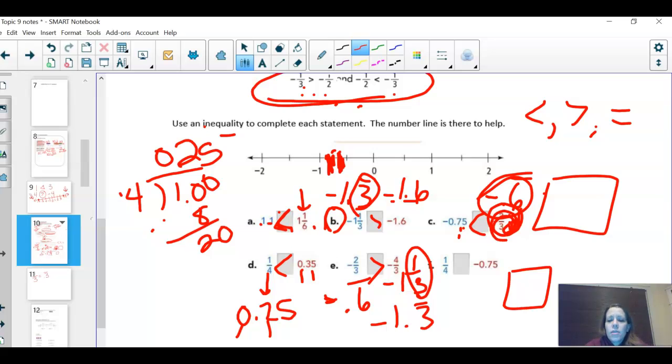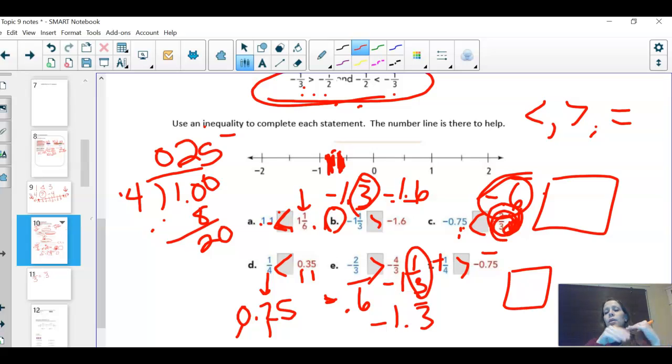Okay, let's look at these. I don't have to do anything. This one is positive, este es positivo. This one's negative, este es negativo. Y entonces positivo siempre es más mayor que negativo. Positive is always bigger than negative. Okay? How do we do? Now remember, you're just kind of practicing this. Tú estás practicando ahora.